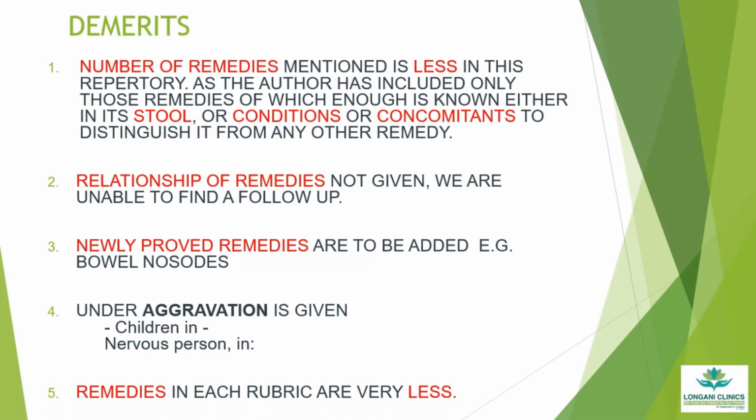Relationship of remedies not given. We are unable to find a follow-up. 3. Newly proved remedies are to be added, for example, bowel nosodes. 4th. Under aggravation is given: children in, nervous person in. The last one, 5th one. Remedies in each rubric are very less.